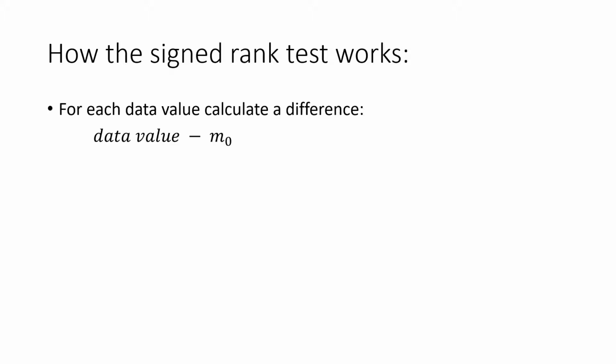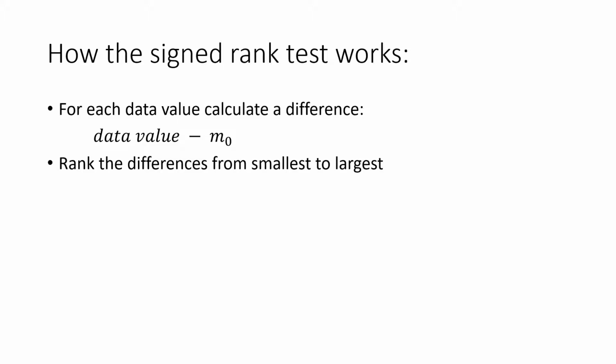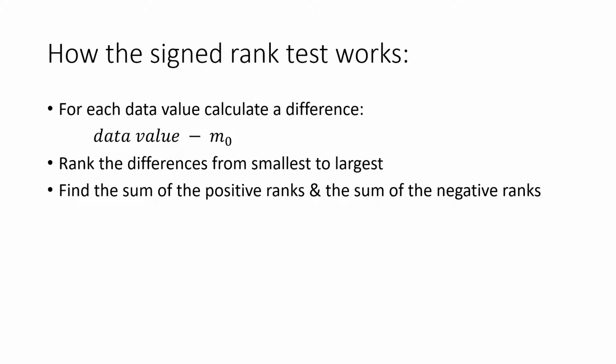So the signed rank test works this way. For each data value, you calculate a difference between the data value and the hypothesized median. That's similar to the sign test. Then we rank the differences from smallest to largest. We find the sum of the ranks that are associated with positive differences and the sum of the ranks that are associated with negative differences.